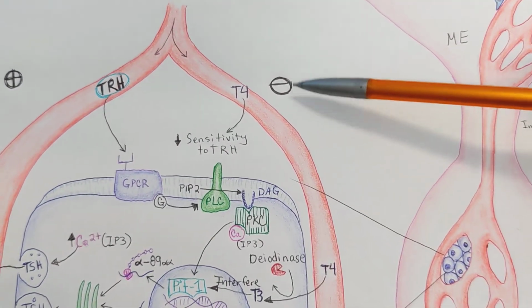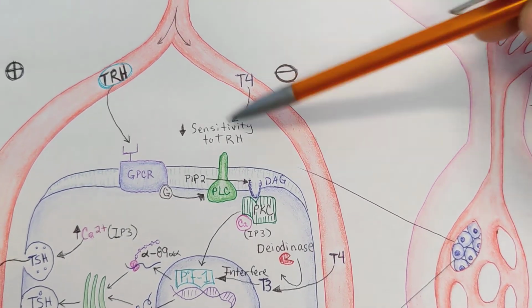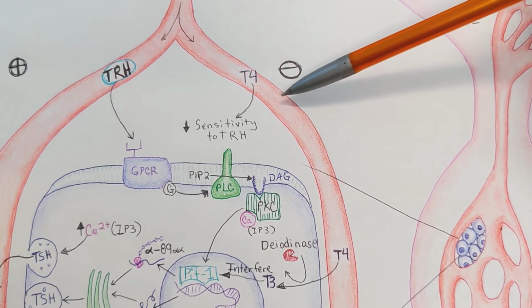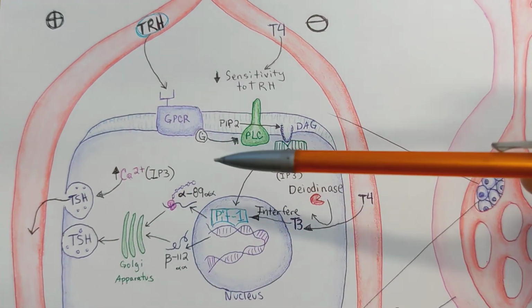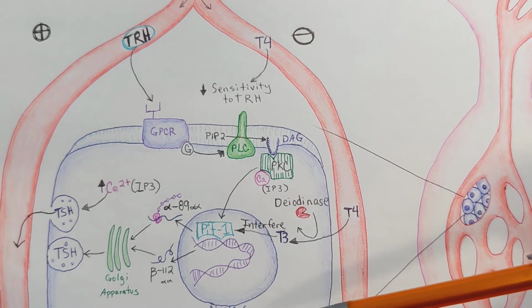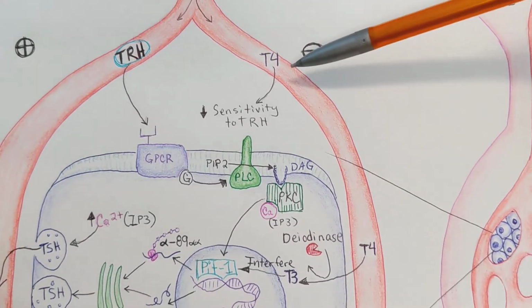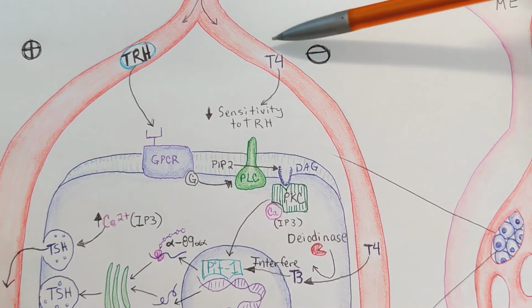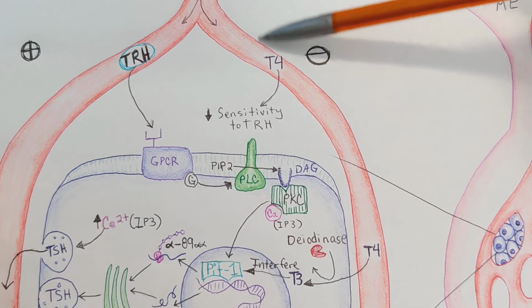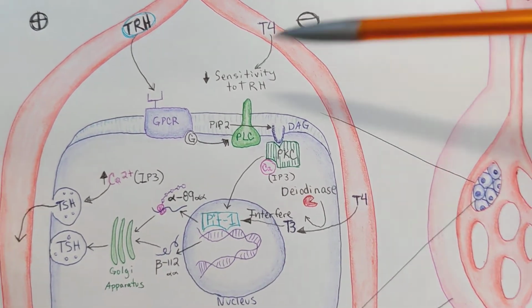The negative feedback of this system is induced by thyroid hormones. Okay, so ultimately, when there is an abundance of TSH, it is going to stimulate the thyroid to release T4 and T3. When there is enough thyroid hormones, T4 or T3, these hormones are also going to be delivered in the blood to these thyrotropes.